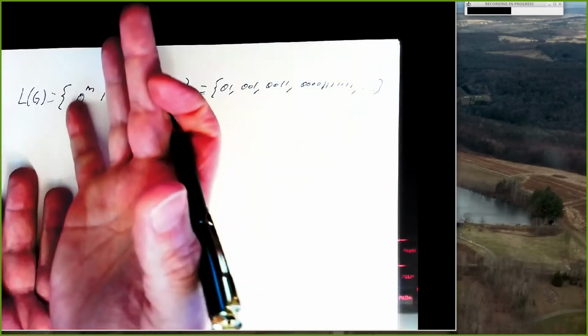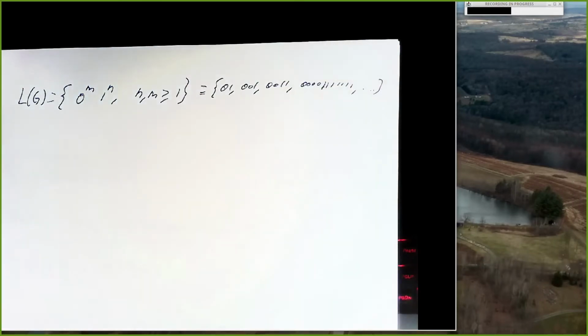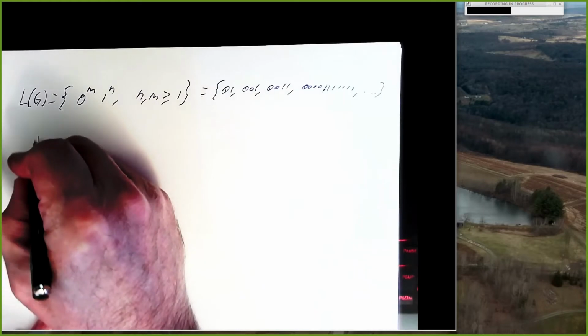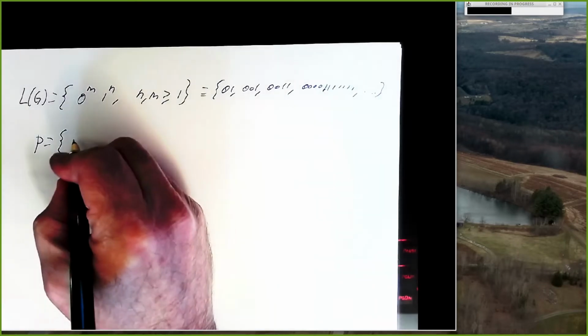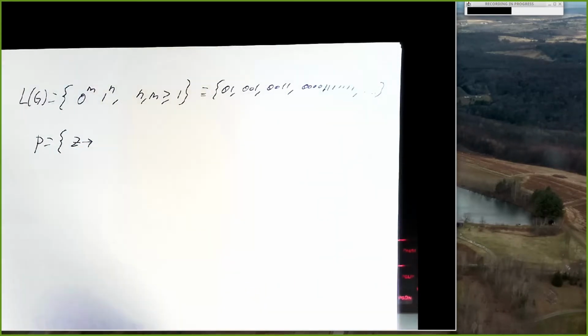And this is basically at least one 0, but any number of zeros followed by 1 or more ones.